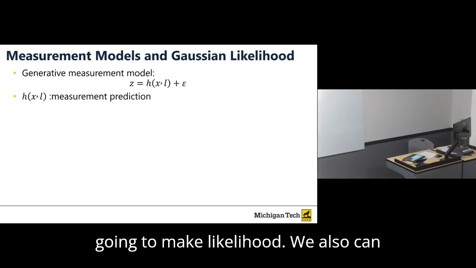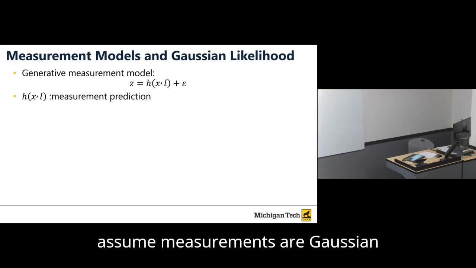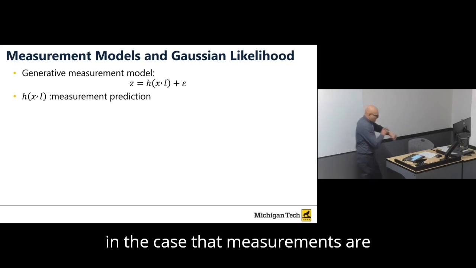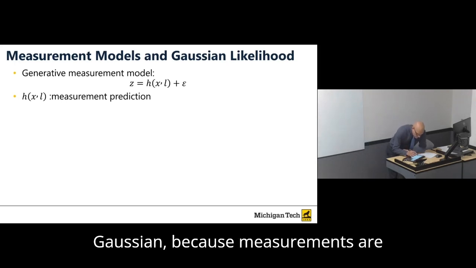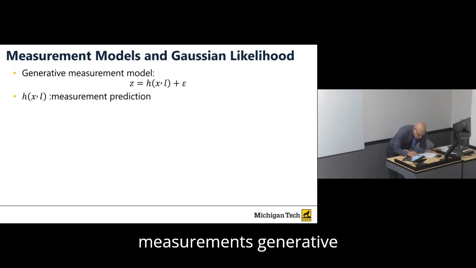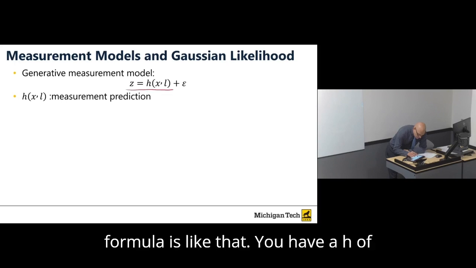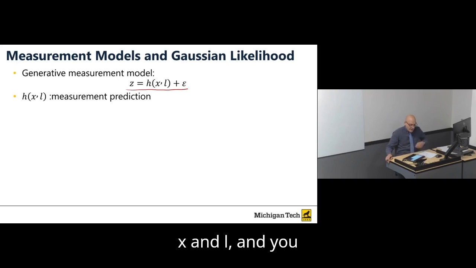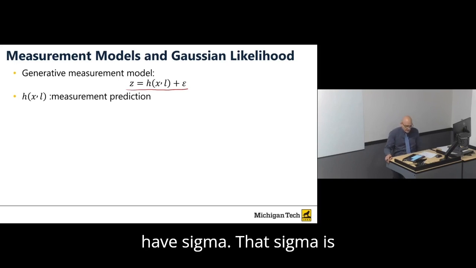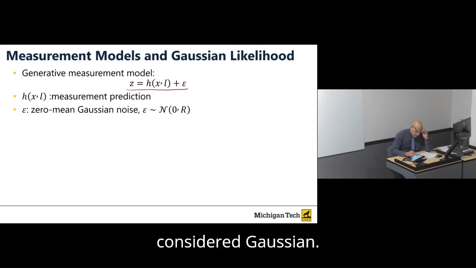We can also assume measurements are Gaussian, because the measurement generative formula is like that: you have h of x and L, and you have sigma. That sigma is considered Gaussian, and h is the measurement prediction.